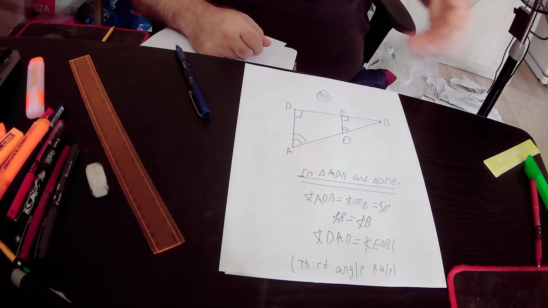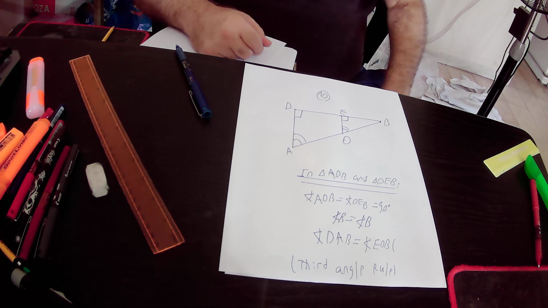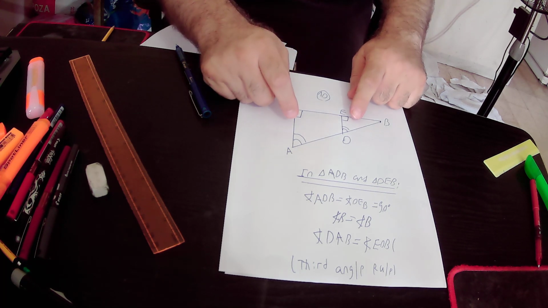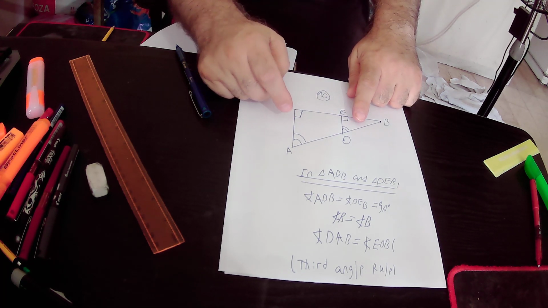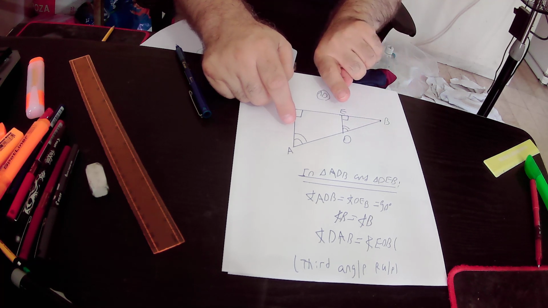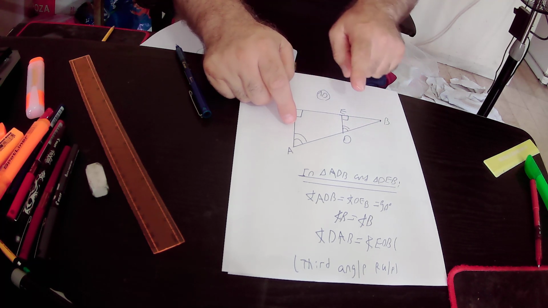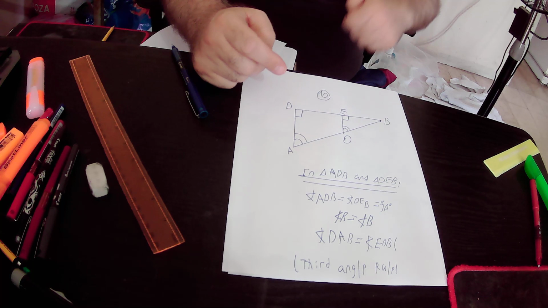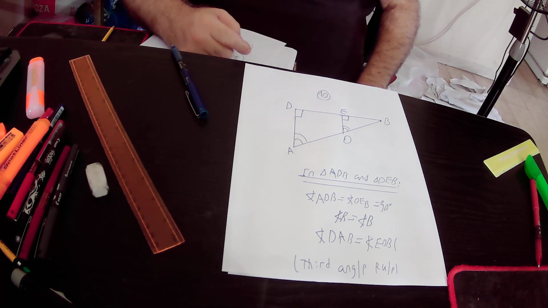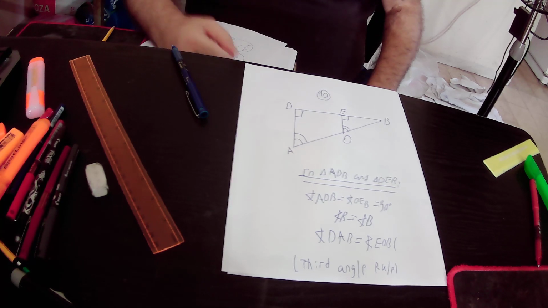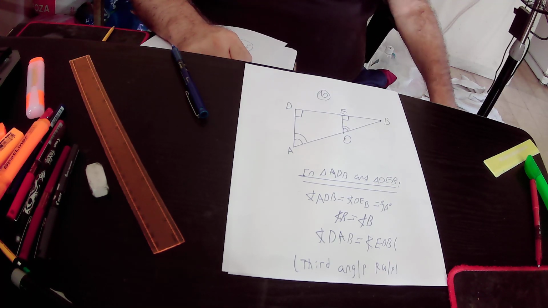So angle B equals angle B, and the third angle, angle DAB, also equals angle EOB, according to the third angle rule.